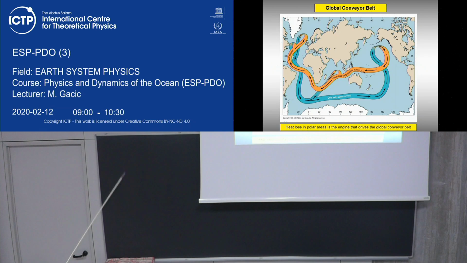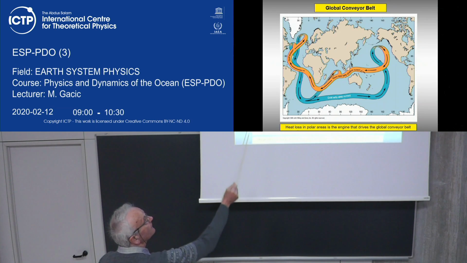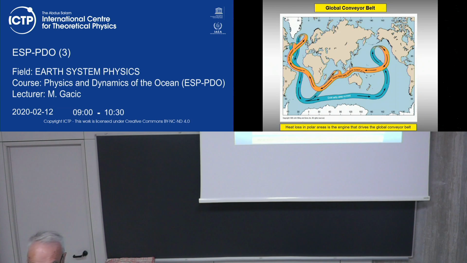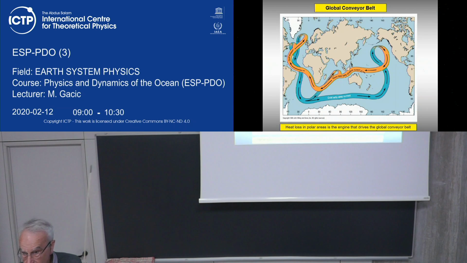How does it work? It works like this, and the Atlantic extends further north than the Pacific. What is happening in the northern part of the Atlantic? There, the sea surface heat losses are very efficient because the Atlantic extends almost up to the northern pole.